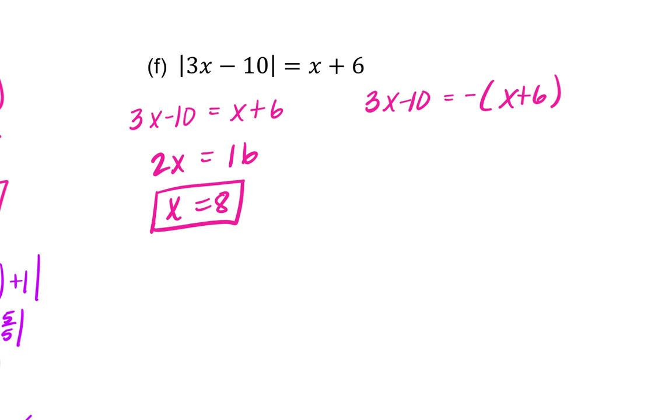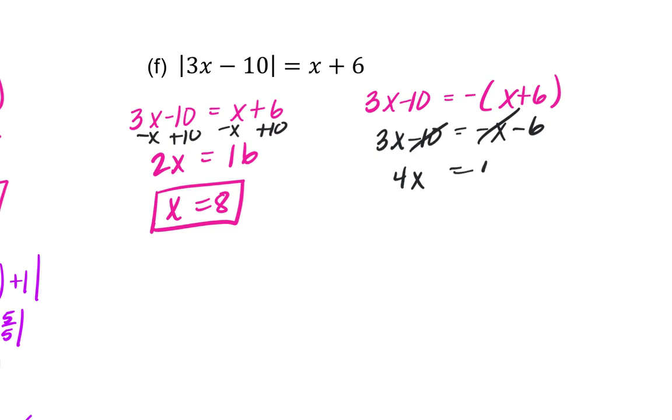If you are comfortable moving 2 steps at a time, you can subtract the x and add the 10 at the same time, then do it in 1 step. 3x minus 10 equals negative x minus 6. Add the x, I get 4x. Add this, I get 4. So if I add 10 to negative 6, I get 4. So x is 1.